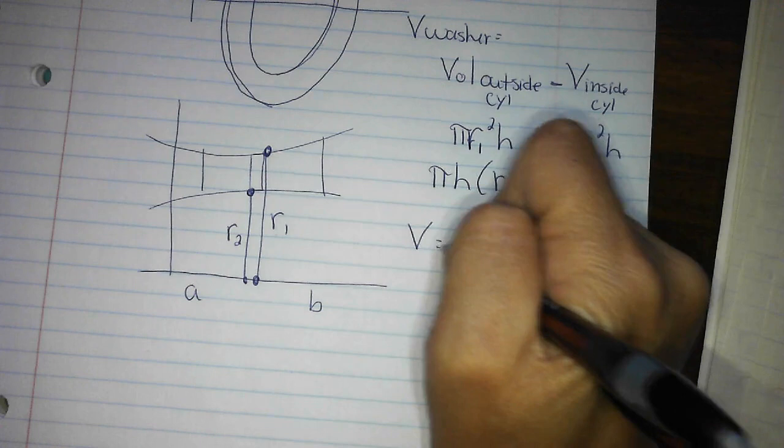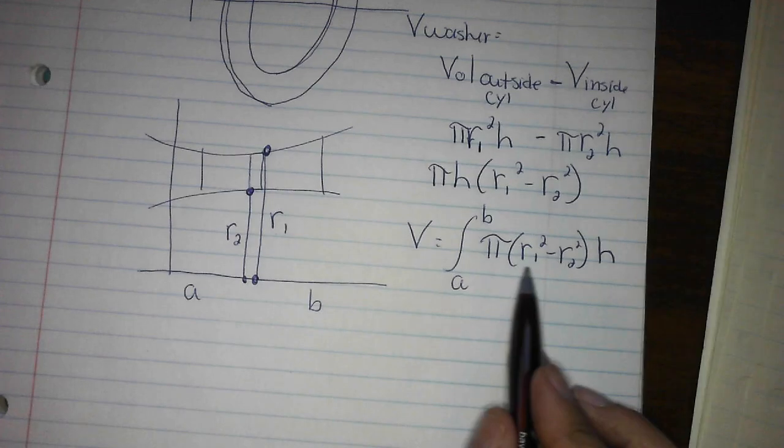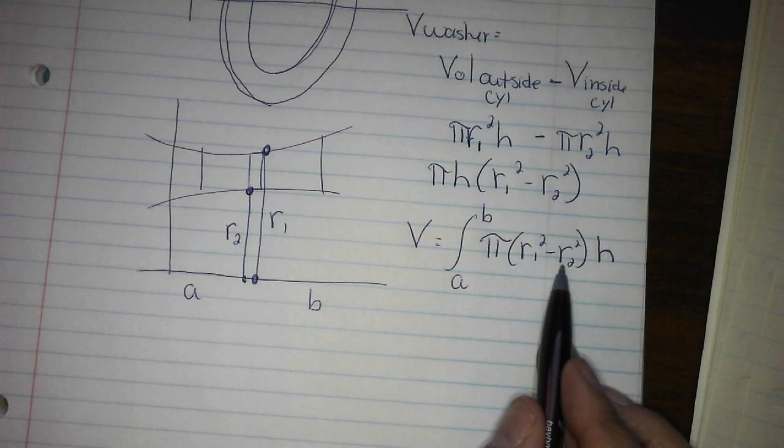We got R1 squared minus R2 squared. And our height of our washer, our cylinder, is the thickness of the rectangle, which we normally call dx. Or I'm going to say h right now. So there's the general form, pi R1 squared minus R2 squared h.